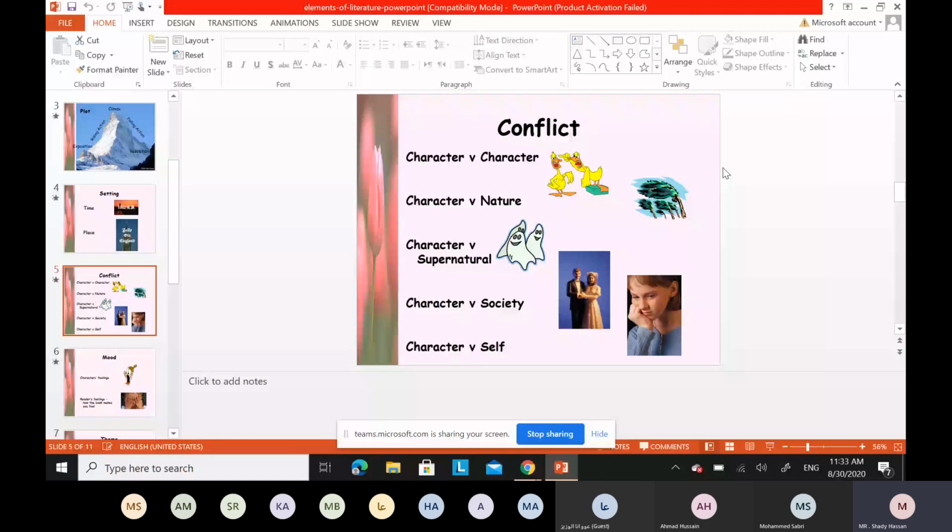For example, the hero can challenge the wind, monsters, waves. So character versus nature, or supernatural. I'm talking about monsters and something like this. This is supernatural. The character also may challenge society. How come?